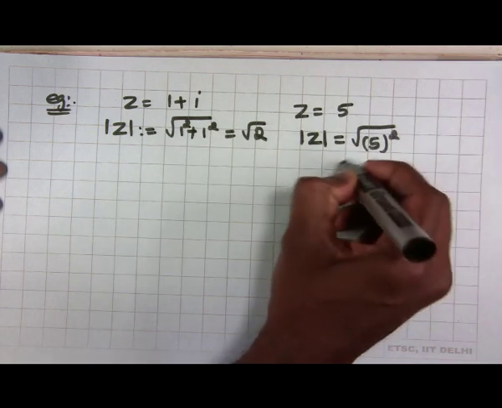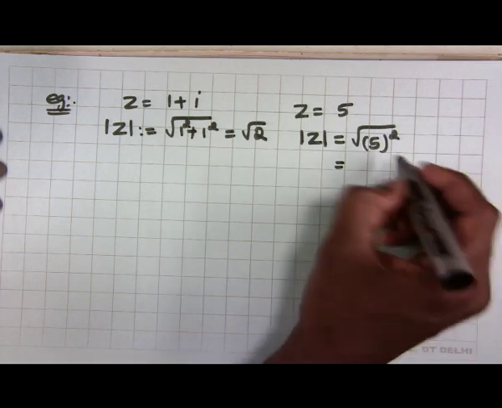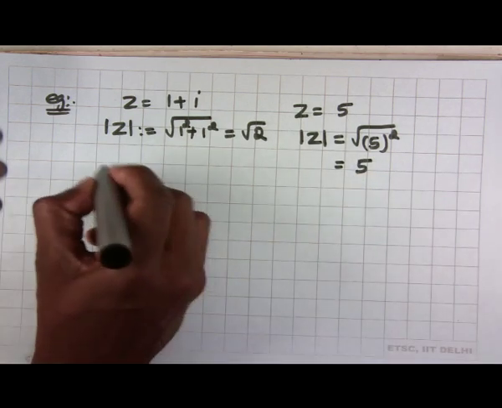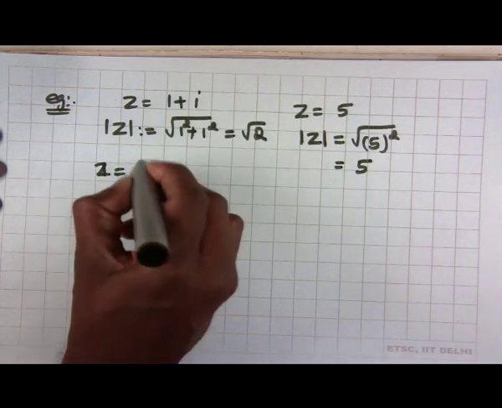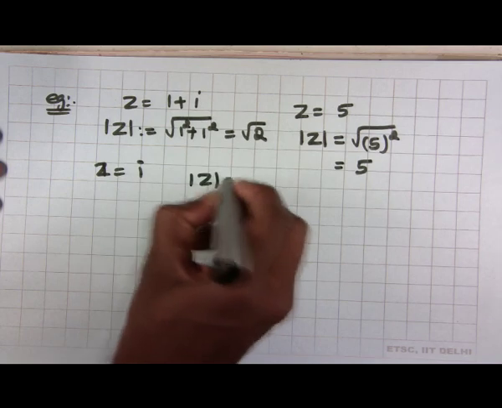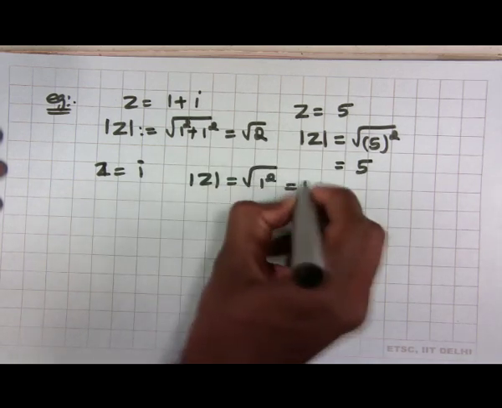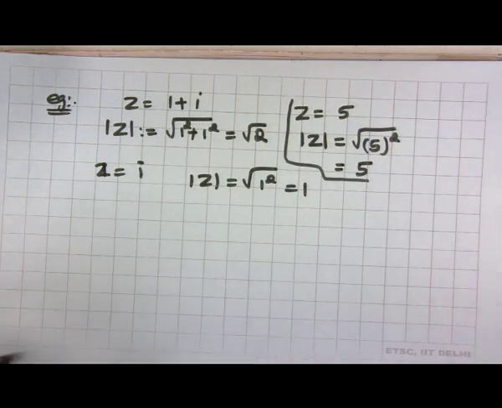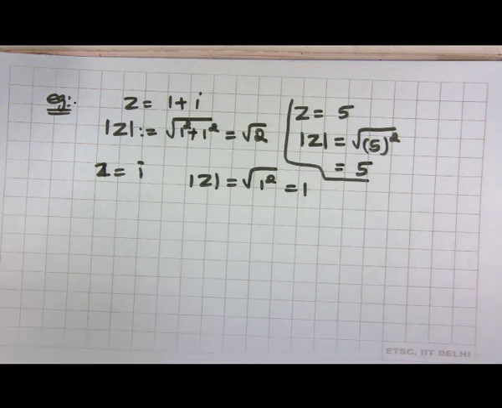Again, what we associate is the positive number, because we are seeing it as a distance. So, which is 5. And if z is purely imaginary, let us just consider z equal to i, mod z is square root of 1 square, right. So, with these simple examples, let us see some properties of the modulus function.